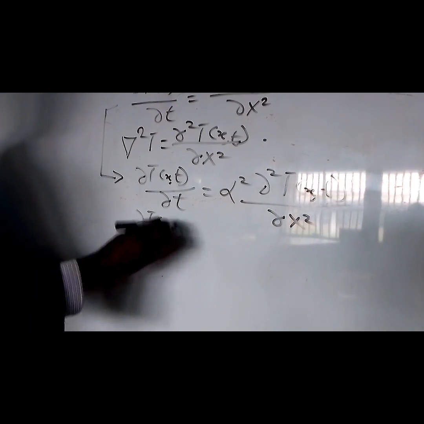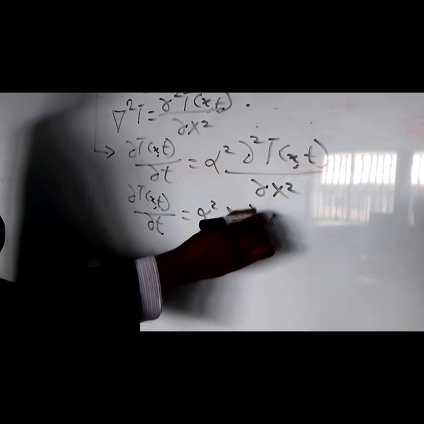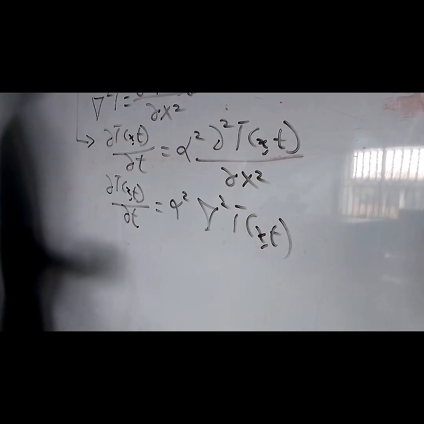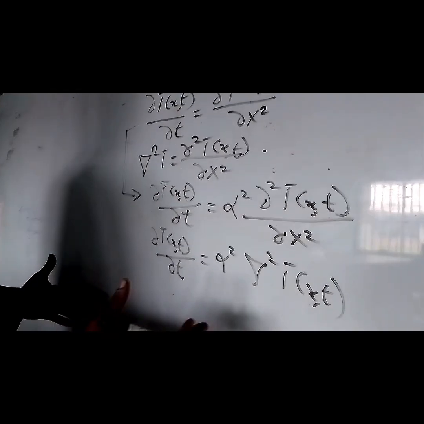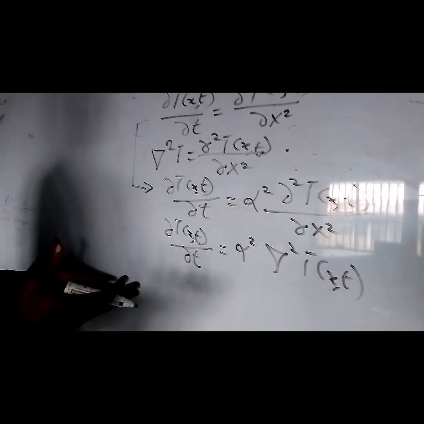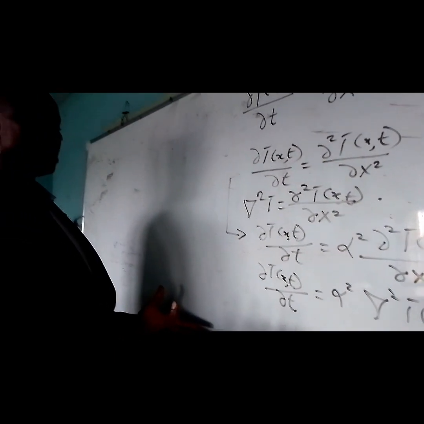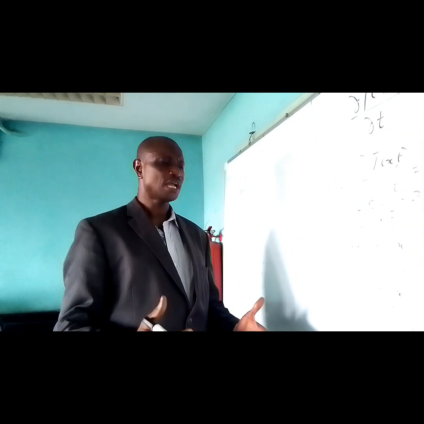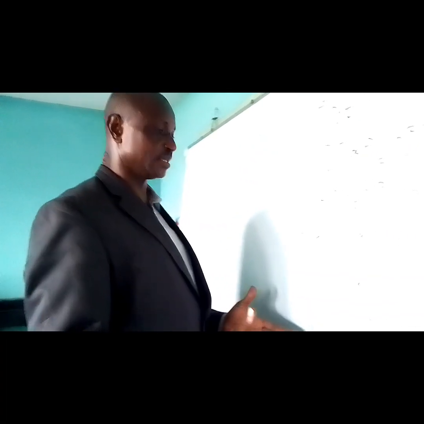Of course, this can be written too as partial T of x comma t divided by partial t equals alpha squared nabla squared T of x comma t. This precisely is the heat conduction equation, and it is highly relevant in solving advanced problems and heat modeling challenges.